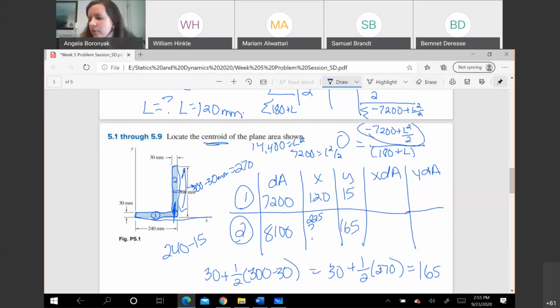Questions or concerns on that, if you didn't get it, because we had a variety of different answers at the beginning for that. You have to be very careful where your x and y axes are.